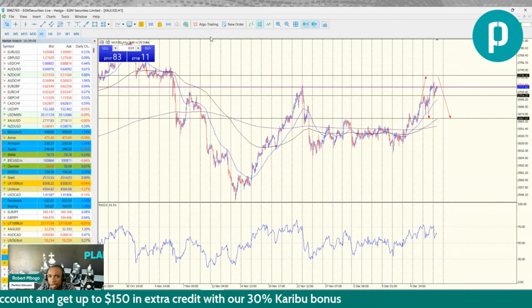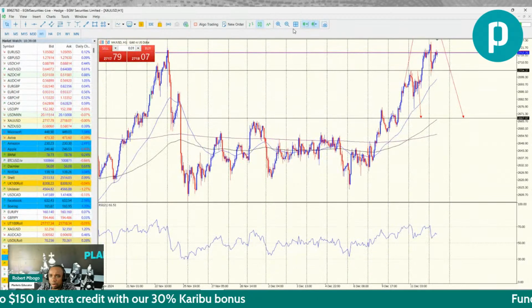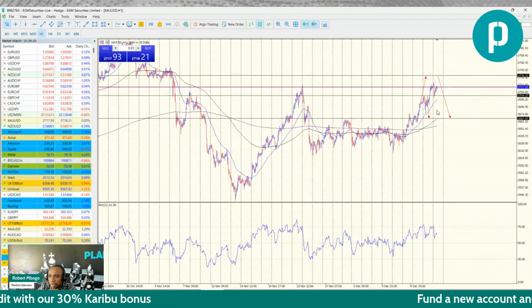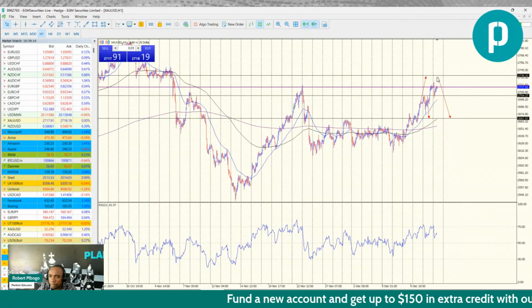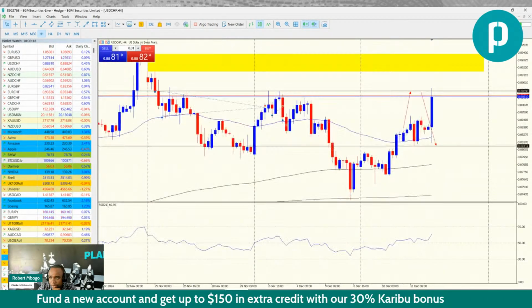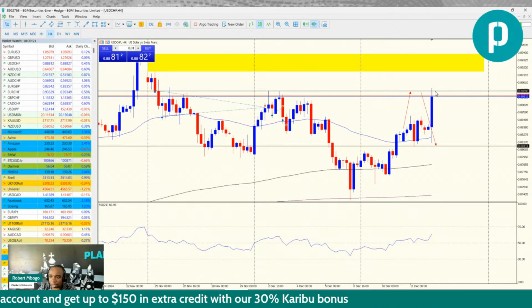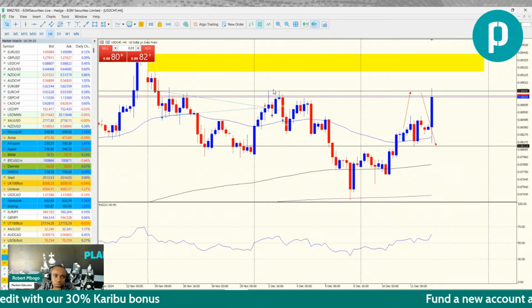Gold is yet to get to our target price, so we are looking for those buys, and then probably from here we could encounter some resistance and look for sell trades. USD CHF, you can see how our area of resistance is holding. Once again, remember last week's high.